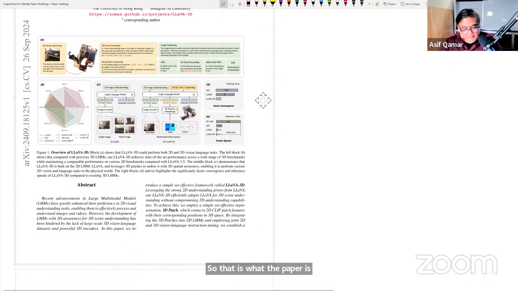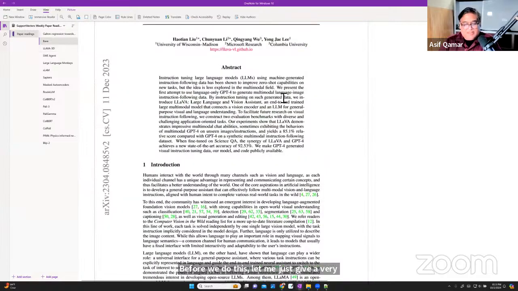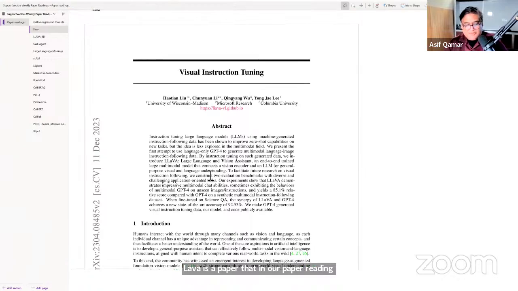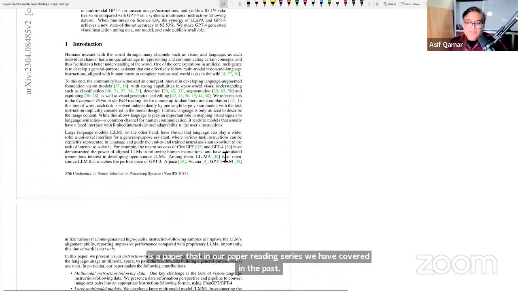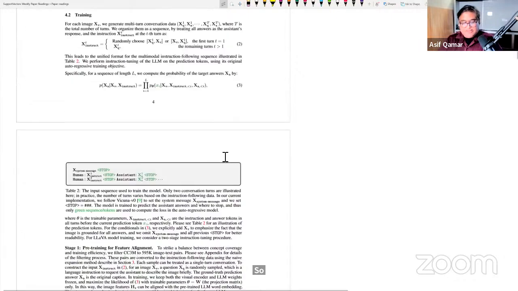Now, before we do this, let me just give a very quick background on LLaVA. LLaVA is a paper that in our paper reading series we have covered in the past. So the best way to explain LLaVA is to see its consequence or what it achieves.